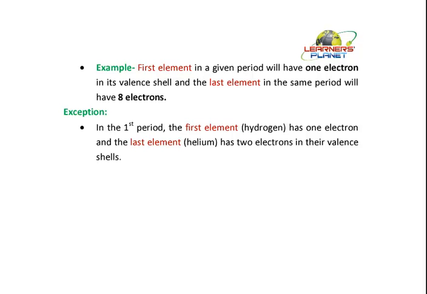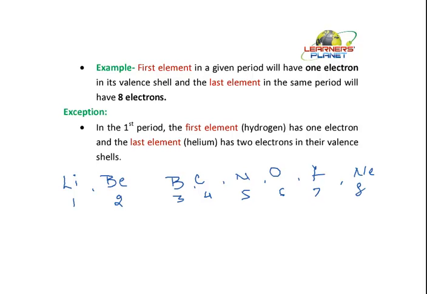Lithium has 1 electron in its valence shell. Then beryllium has 2, then boron 3, then carbon 4, nitrogen 5, oxygen 6, fluorine 7, and what is the next one? Neon, in the valence shell is 8.